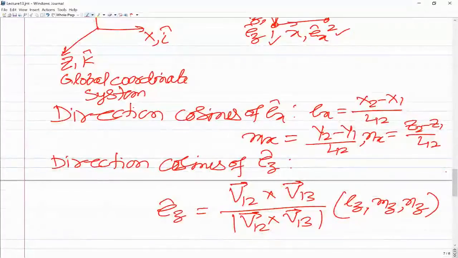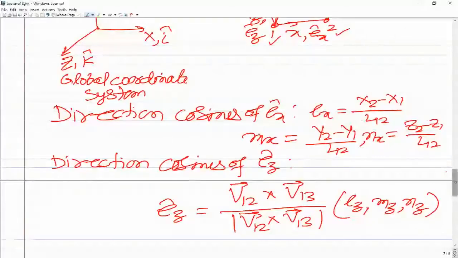Now the components of this vector, when you do vector v12 cross v13 divided by the magnitude of v12 cross v13, you will get the components. You will call those components Lz, Mz, and Nz. So these will be the direction cosines of the unit vector along the z axis.